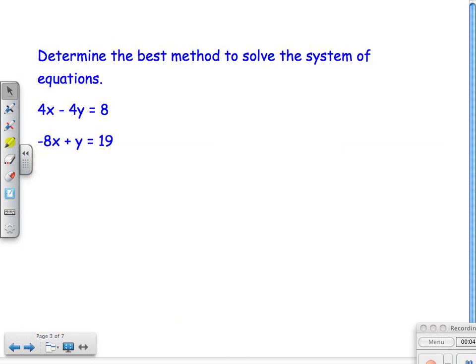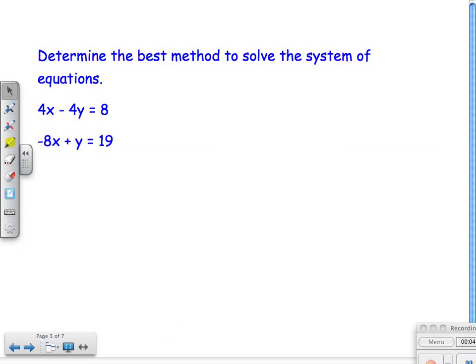Okay, let's determine the best method to solve this system of equations. 4x minus 4y equals 8 and 8x plus y equals 19. So there are no additive inverses here, nothing simple like that, right?